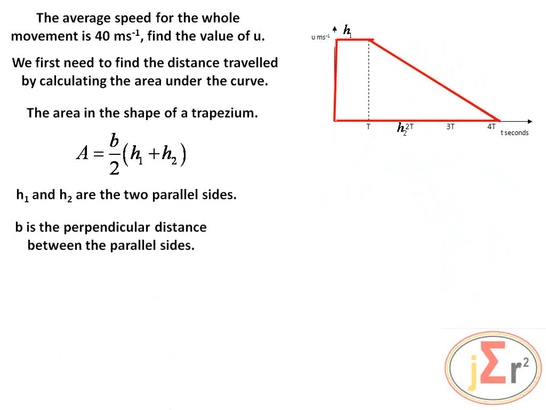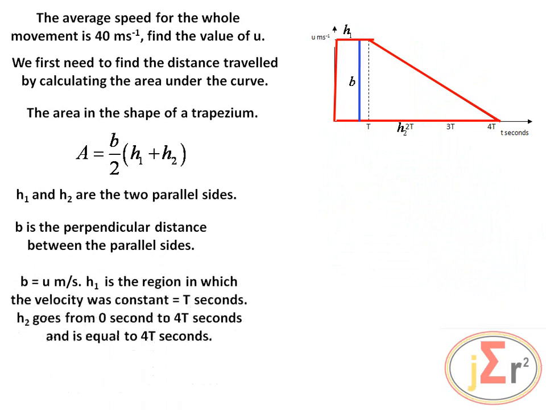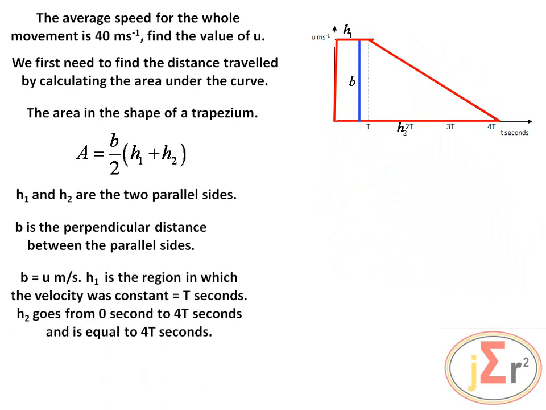Right. B is the perpendicular distance between the parallel sides. That is our B, from here to here, and it is given as u meters per second. Therefore, the value of B is u meters per second.